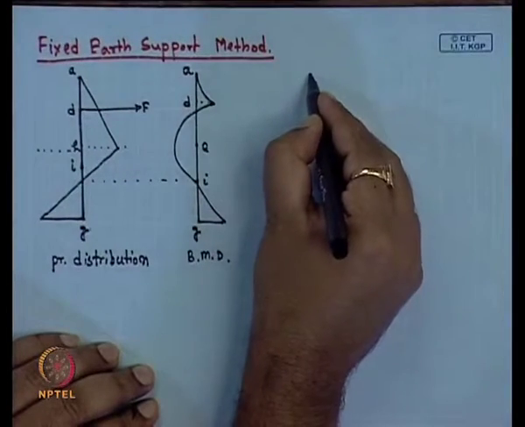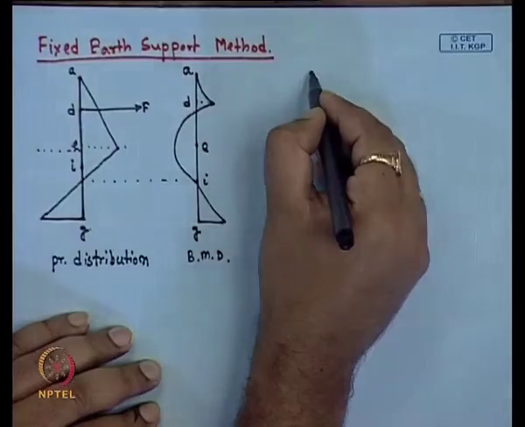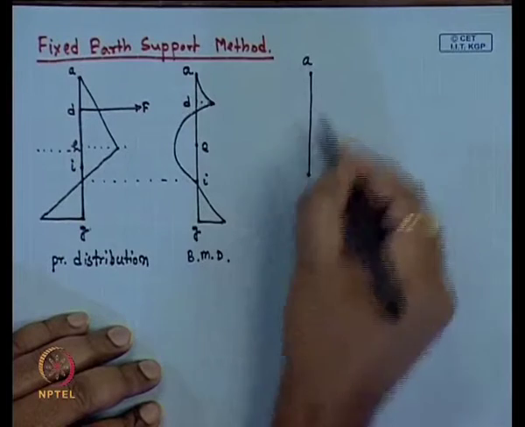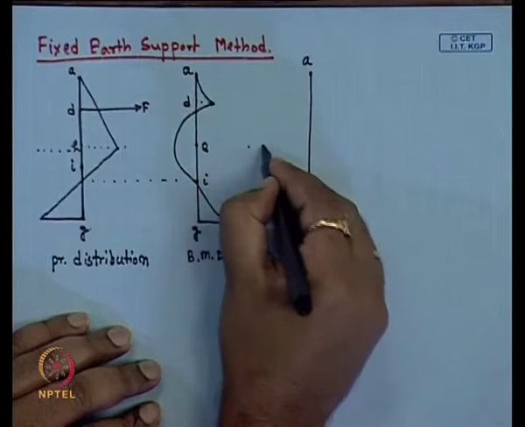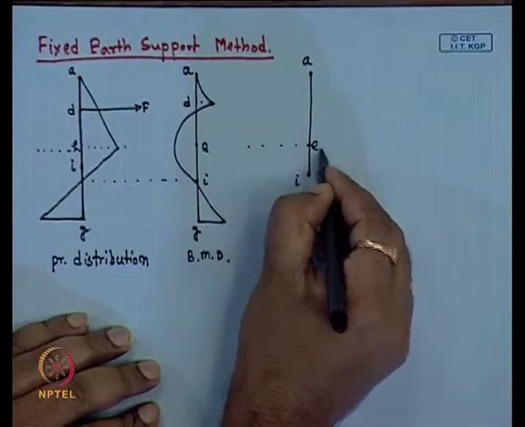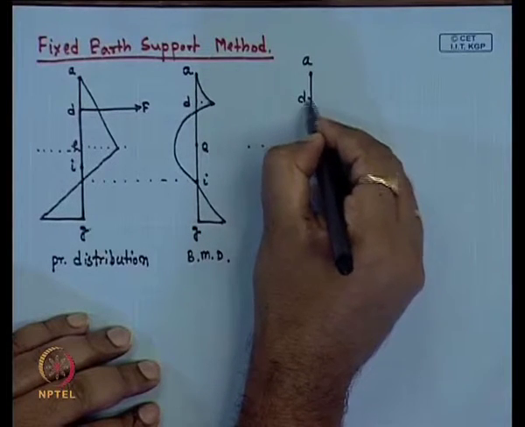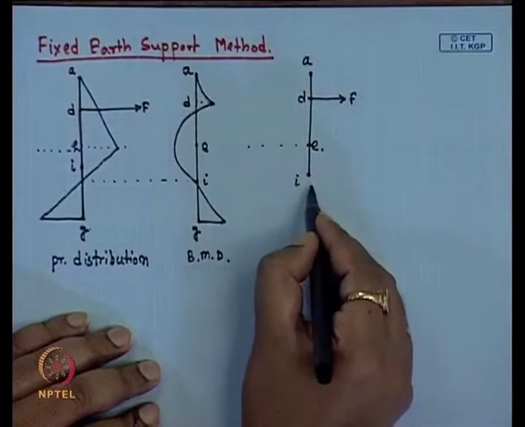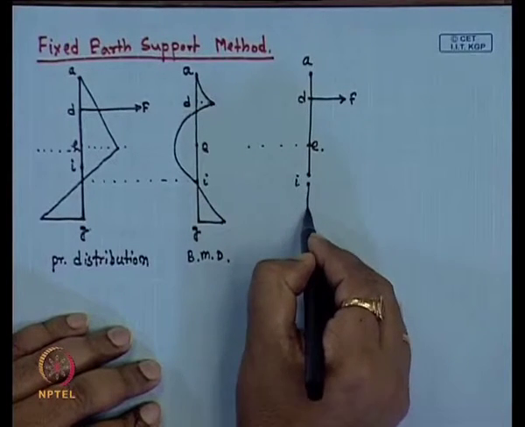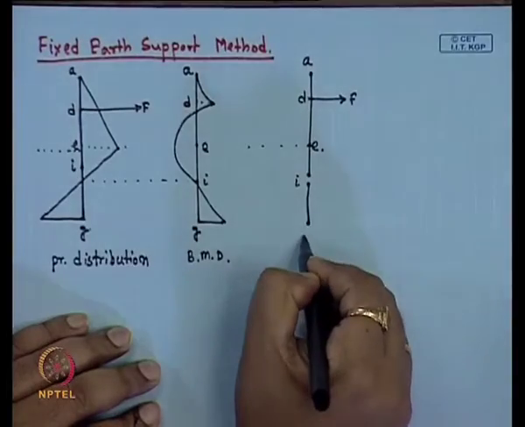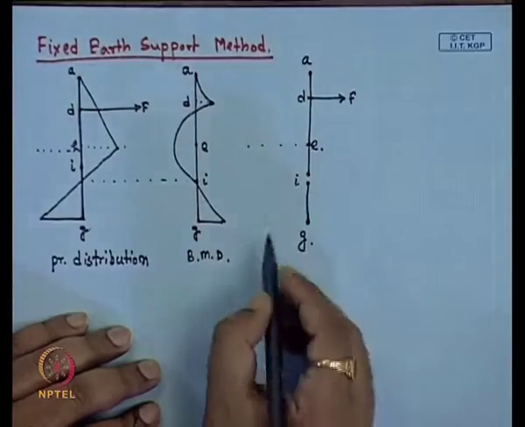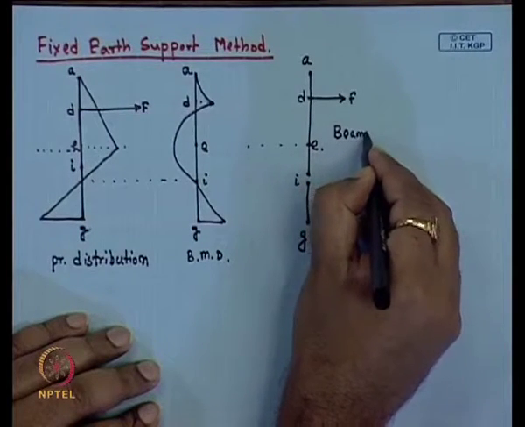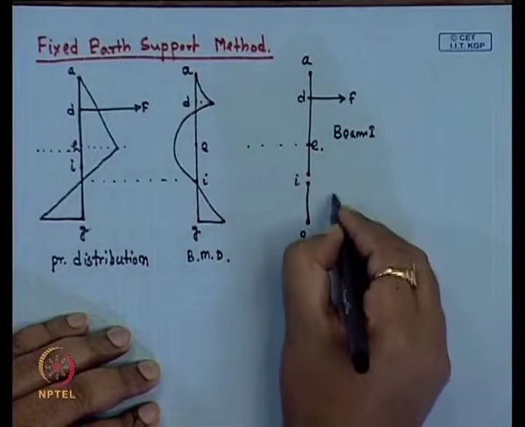Then two different beams were considered, one from A to I, with the same E point and the same D point where the force F is acting. This F is the anchor force. Another one is from I to G. So, this is beam 1 and this is beam 2.